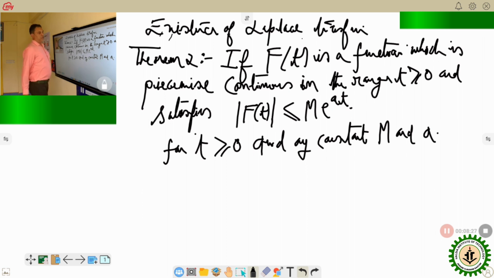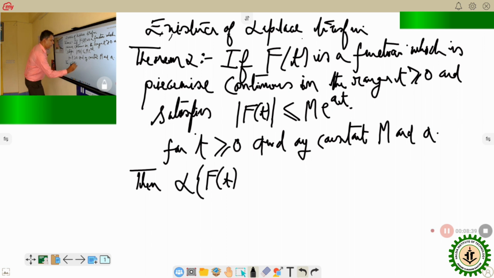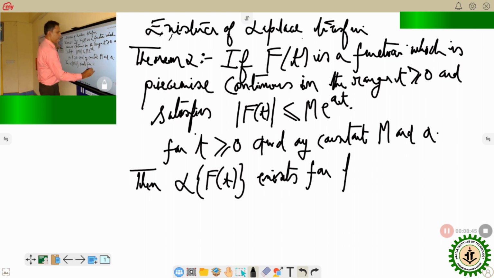If this is the case, we will say that the Laplace transform of f(t) exists for p greater than a. We can easily prove this theorem also.